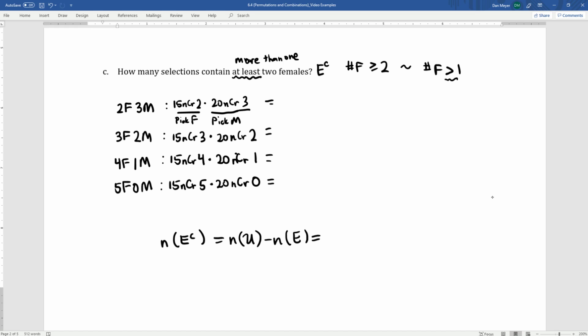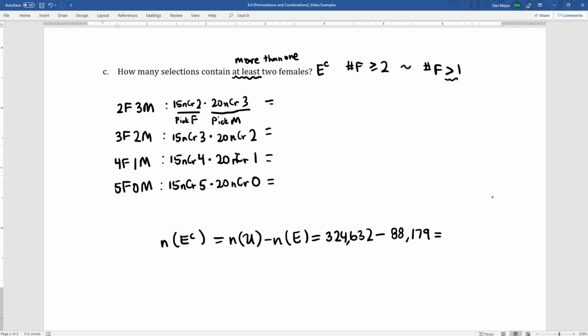We computed the number of things in our universal set, the number of 5-person volunteer groups, in part A. That was 324,632. And then in part B, we found the number of things in E was 88,179.